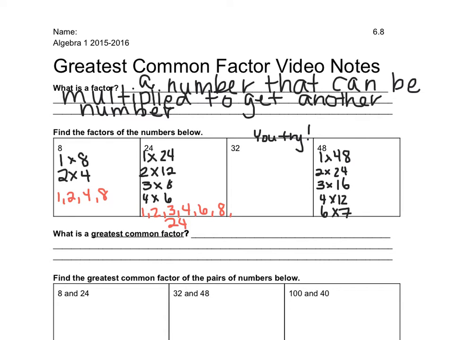So the factors are 1, 2, 3, 4, 6, 8, 12, 16, 24, and 48. Remember, you should pause the video and try to find the factors of 32. I'm going to check for this when I check your homework.